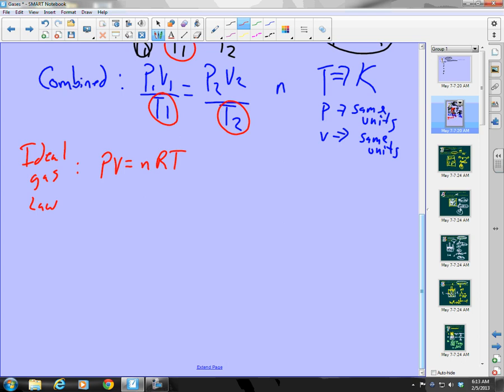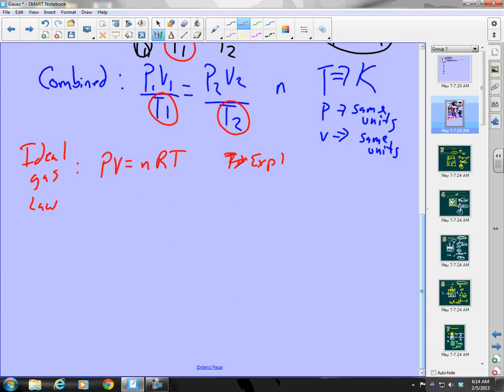What this allows us to do is that in any given situation, if I have one experiment, and I have any three of these, R is a constant. If I have temperature, moles, and volume, I can calculate pressure. Or if I have pressure, volume, and moles, I can calculate temperature. Or if I have pressure, moles, and temperature, I can calculate volume. And so this equation allows me to always figure out pressure, volume, temperature, and moles if I'm given three of the four.